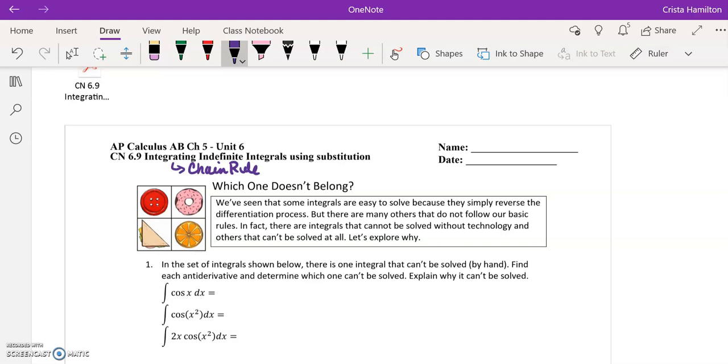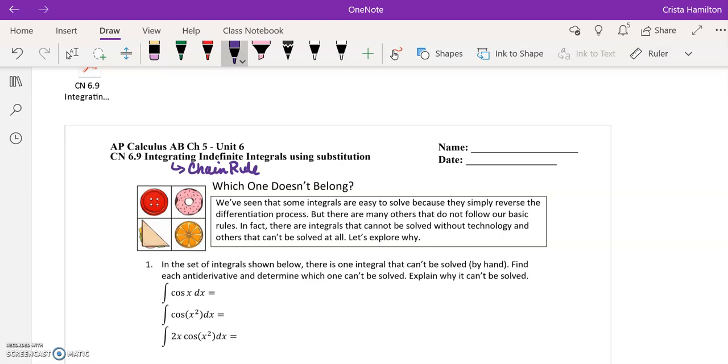The antiderivative of e to the x is e to the x. The antiderivative for a power function, remember to add 1 and then divide by that new power, and so on. So there are several of these basic ones that we've learned, and we learned a little bit of manipulation with algebra to transform the integrand into a known derivative.